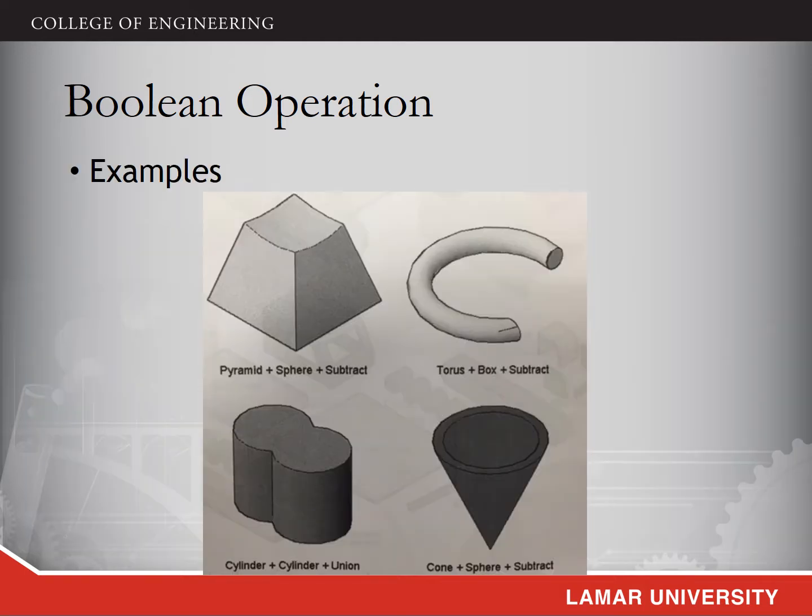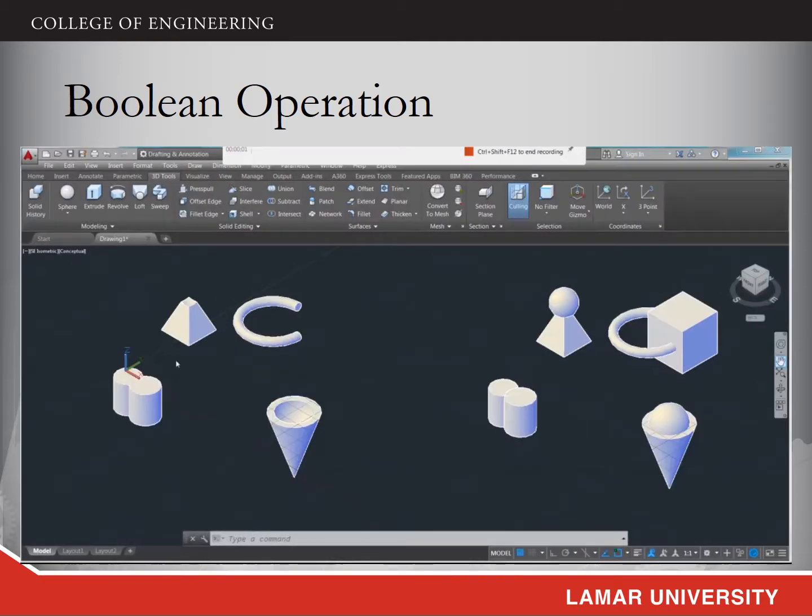In this example, I will show you how to use the Boolean operations to complete the four figures here. Now for the first example, it's actually a pyramid minus a sphere on the top. So to generate this figure, we have to use the subtract command.